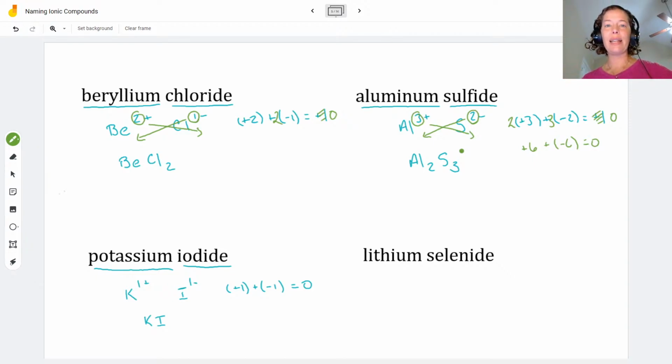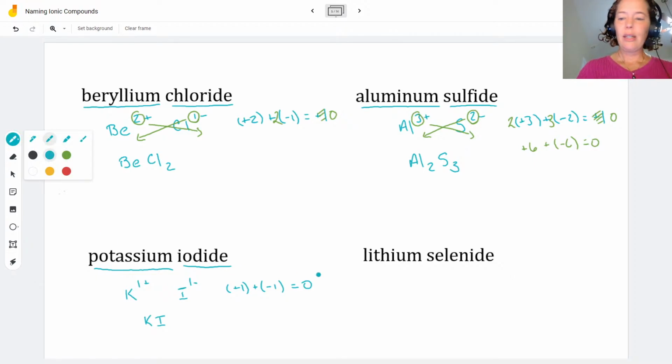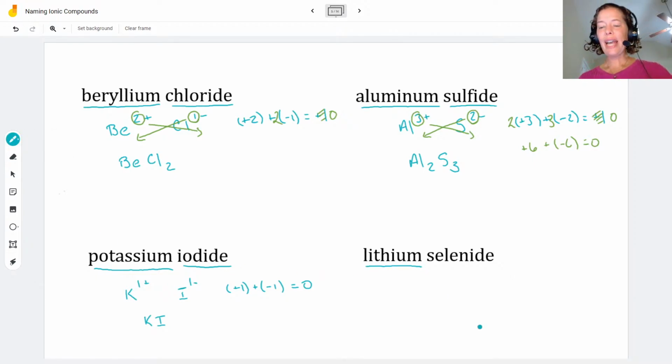And let's do our last example again for our monoatomic ions. Our cation is lithium. That is Li. If you find lithium on the periodic table, it's in that very first column. So when it becomes an ion, it has a charge of +1. There's selenide again.